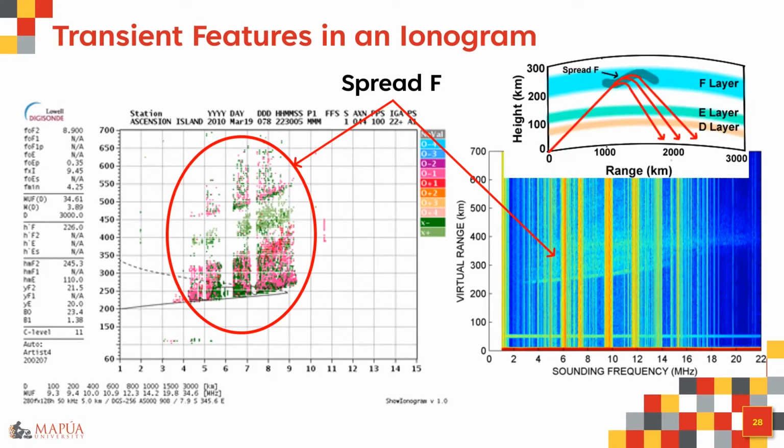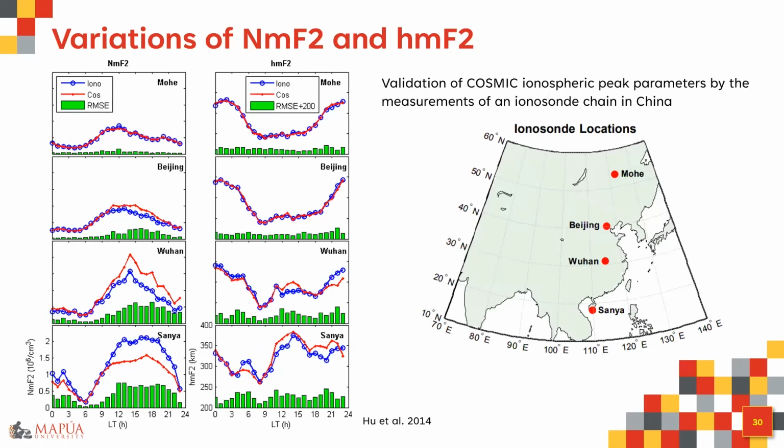Now, from the ionogram, we can actually observe or calculate how the maximum density of the F2 layer and the height of the F2 layer vary with time. So as I already mentioned earlier, during daytime, NmF2 is expected to be higher, but at lower altitudes.